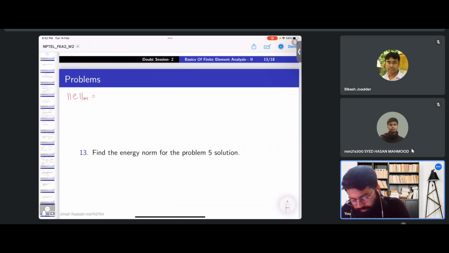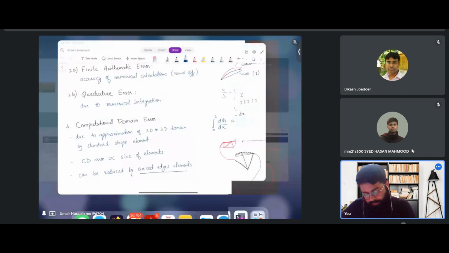The energy error is actually given by the expression, right? I hope this is the right expression. Let's check.